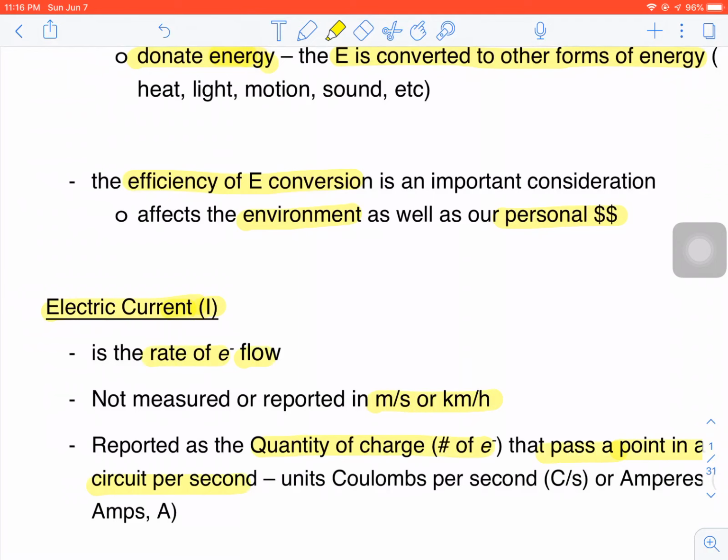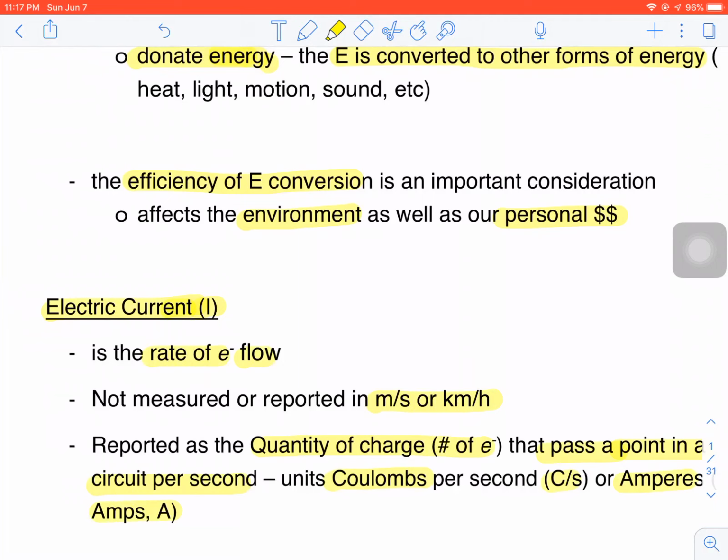Now, to measure the quantity of charge, we're going to use the quantities that we used in chapter 15, which are coulombs, named after Coulomb, measured as how many coulombs pass by a specific point per second. And if 1 coulomb goes past per second, we say that the current has a rate of 1 amp, 1 ampere, named after Henri Ampere.